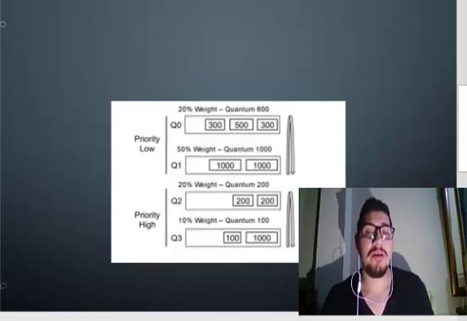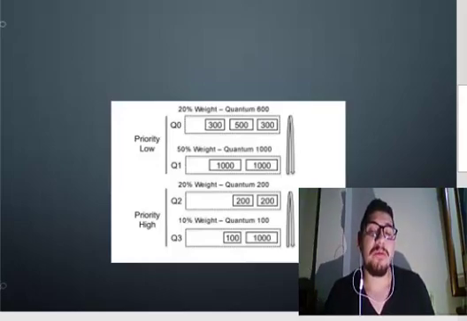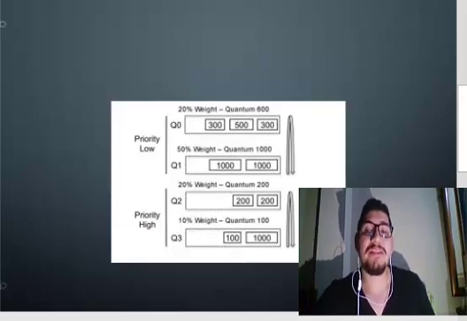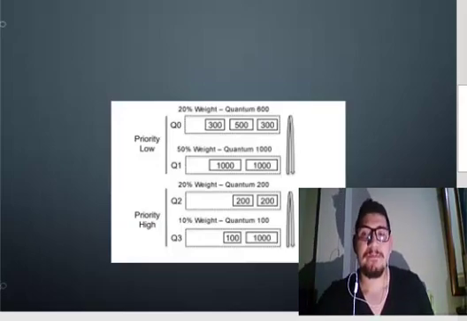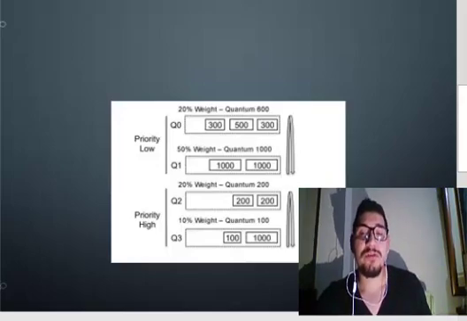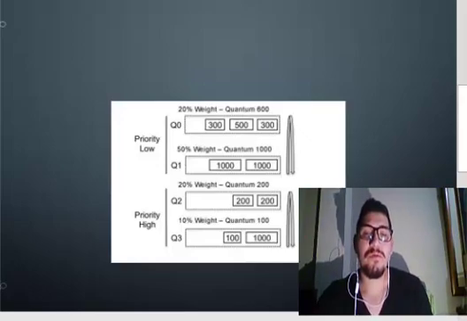Q2 has a quantum of 200. We can transmit the first packet, and we are left with 0 credit because the packet is 200 as well.